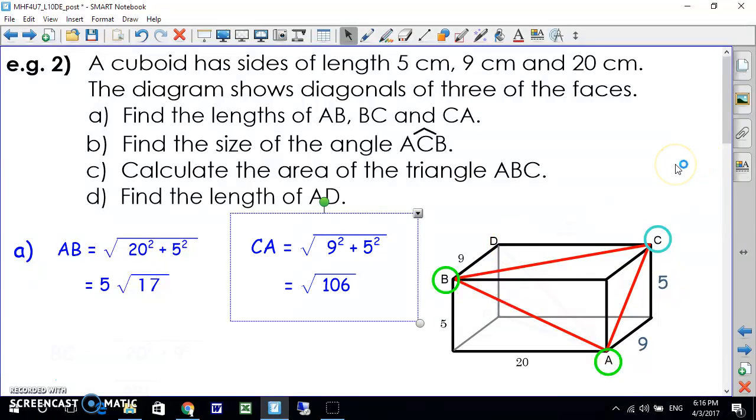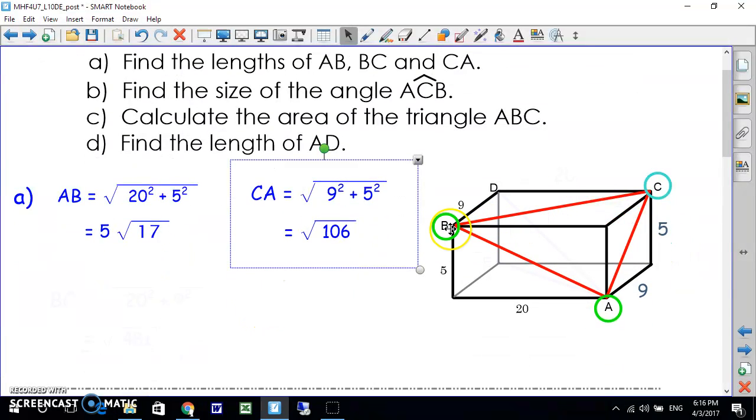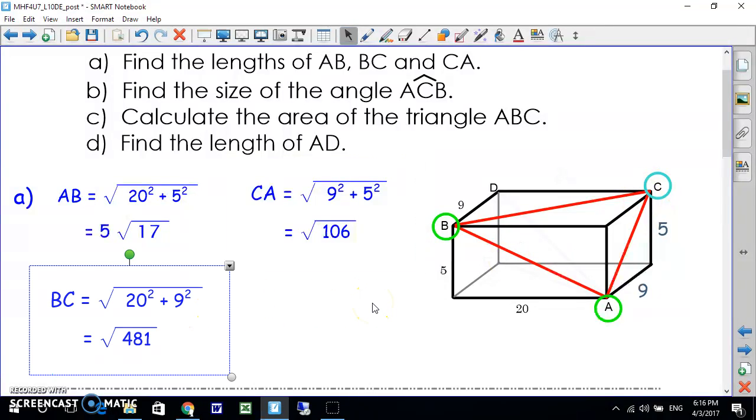So CA is 9 squared plus 5 squared, square root, 81 plus 25. That will give you square root of 106. And last but not least, you also have diagonal BC. So this time you will be using 20 and 9 as the two legs of your right triangle. You will end up with the square root of 481.